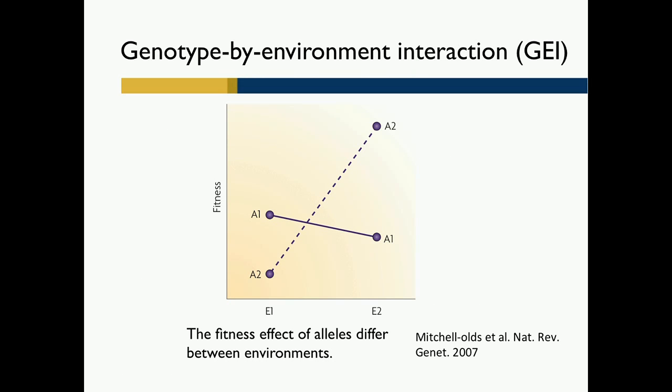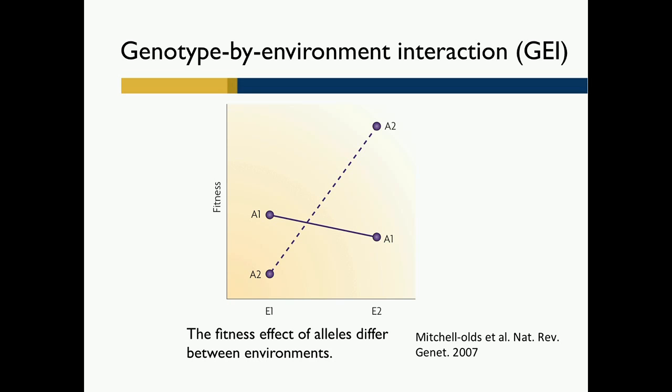The last question we want to understand is the G by E effect, because gene and environment interaction is very important for maintaining natural variation. And this is a classic reaction norm for gene and environment interaction, showing that the fitness effect of alleles differs between the environments.